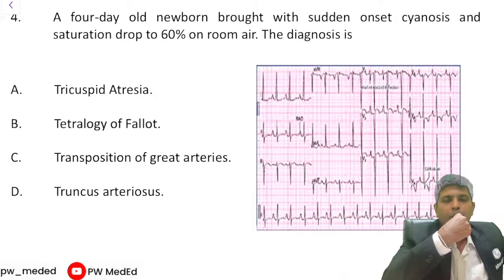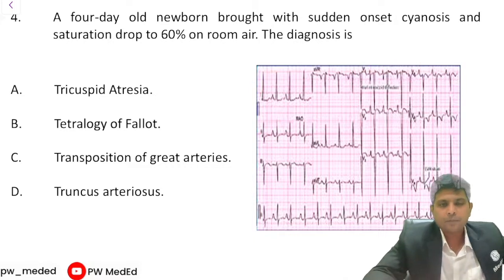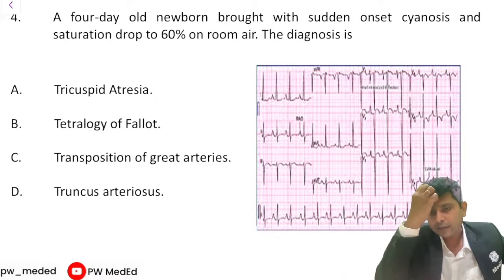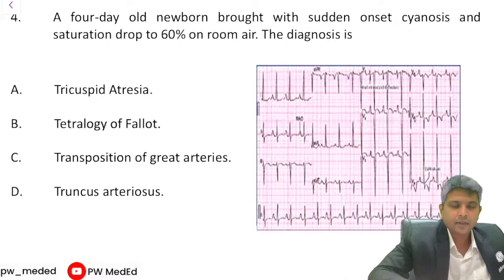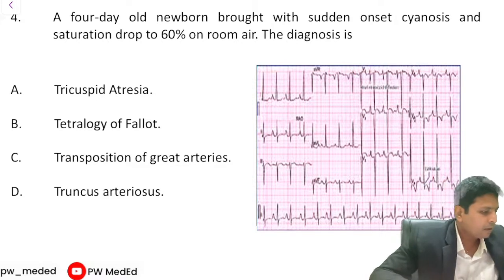A 4-day-old newborn is brought with sudden onset cyanosis, and saturation drops to 60% on room air. What is the diagnosis? A. Tricuspid atresia, B. Tetralogy of Fallot, C. Transposition of great arteries, D. Truncus arteriosus.